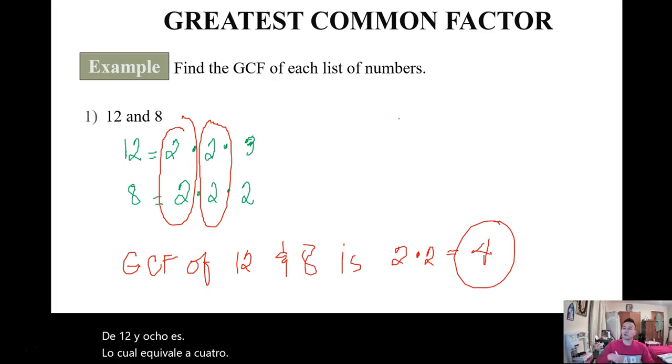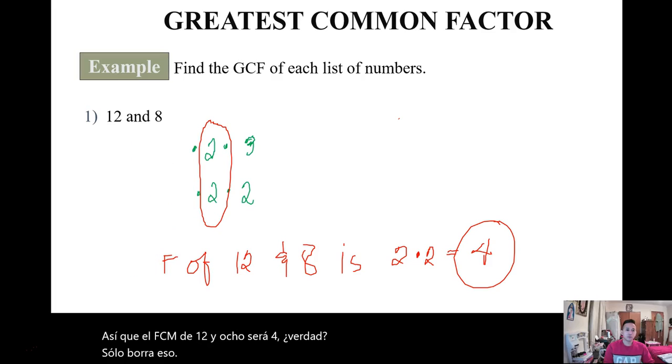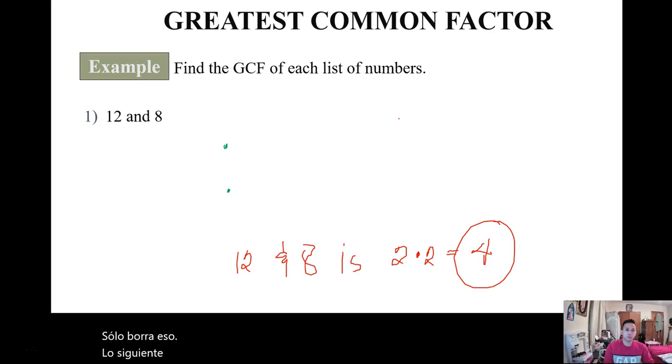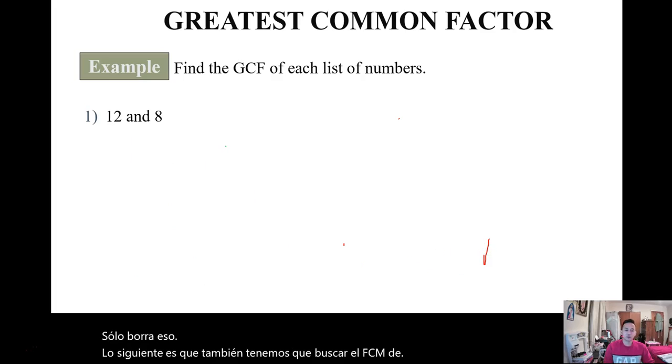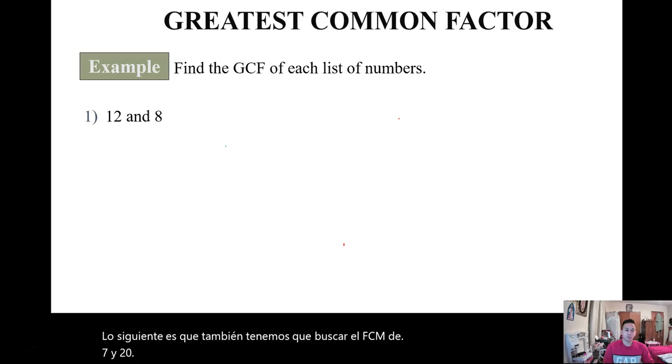So the GCF of 12 and 8 will be 4, right? Next, let me just erase that. Next, we also have to look for the GCF of 7 and 20. Okay, let's take a look at this one.